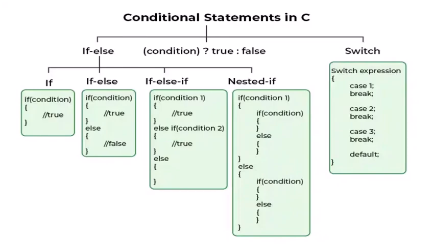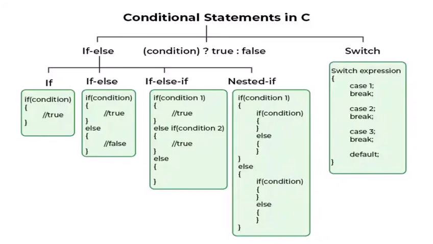If-else if ladder: a chain of conditions where multiple conditions are checked in sequence. The first true condition's block is executed. Nested if: an if or else block inside another if or else block, used to test multiple levels of conditions.